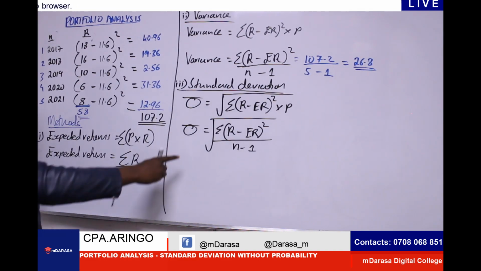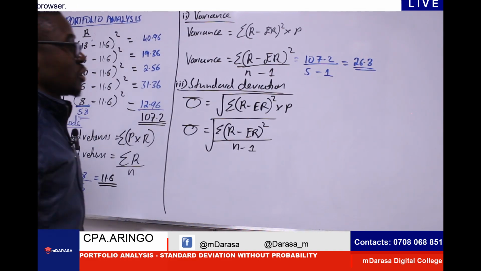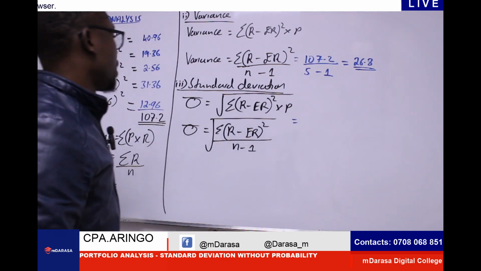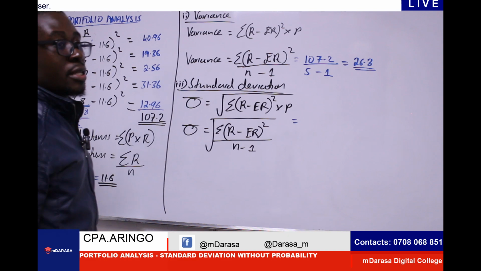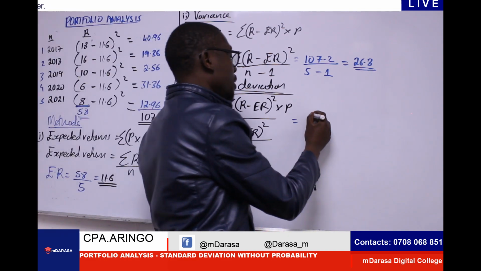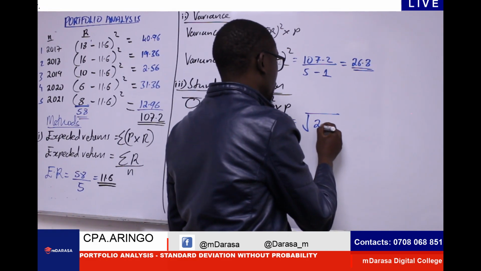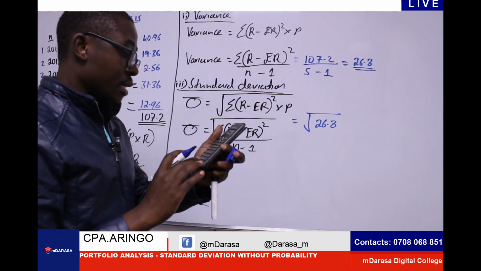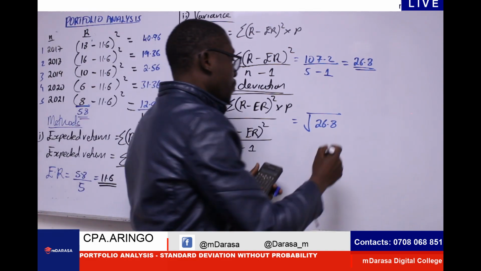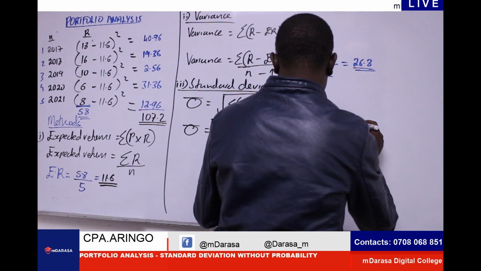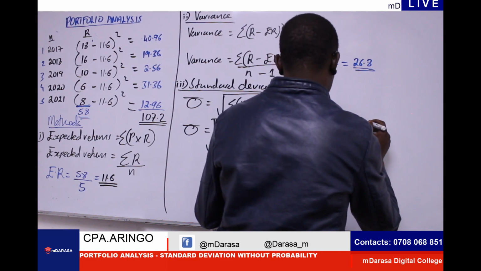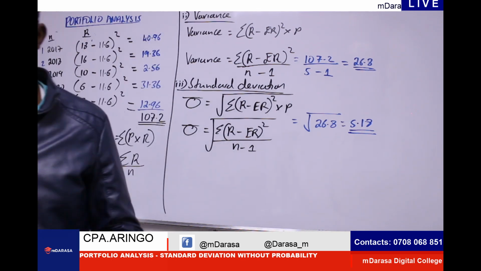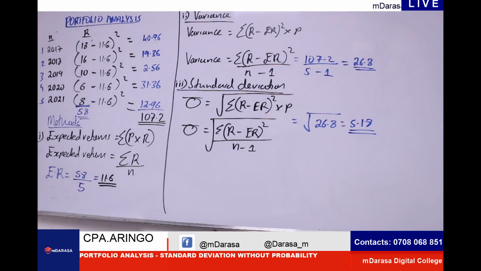Then the other step, we need to determine our standard deviation. Our standard deviation, you know very well, is the square root of our variance. So my standard deviation will be the square root of 26.8. Square root answer, we're getting 5.18 being our standard deviation.